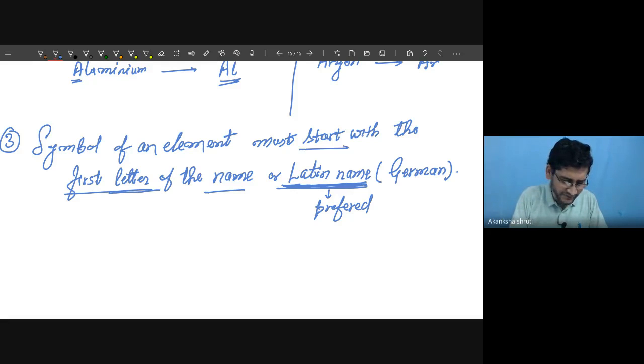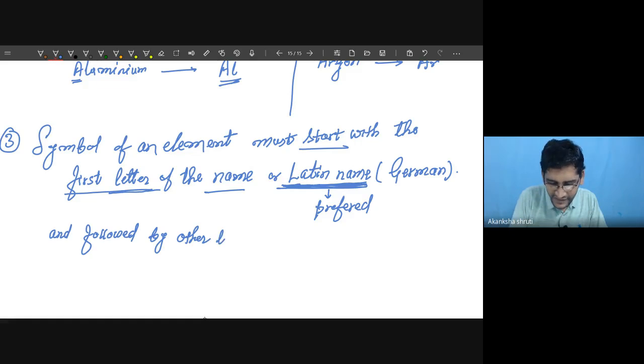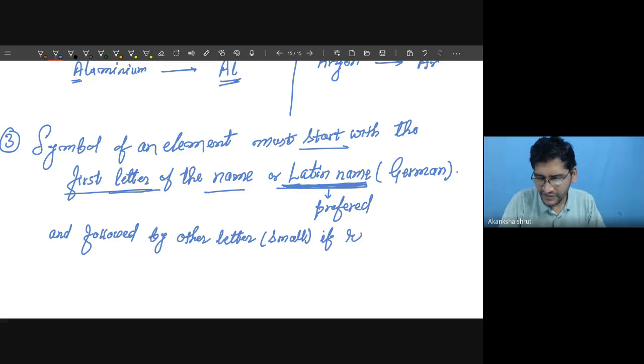So the other letter should be small, followed by other letters if required.